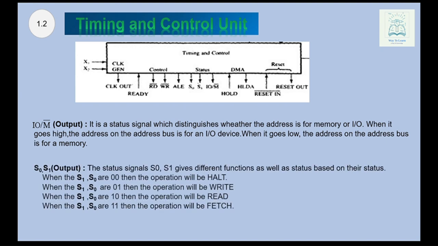S0, S1, these are status signals sent by the microprocessor to distinguish the various types of operation. When S1 and S0 are 00, the operation is halt. When S1 and S0 are 01, the operation is write. When S1 and S0 are 10, the operation is read. When S1 and S0 are 11, the operation is fetch.